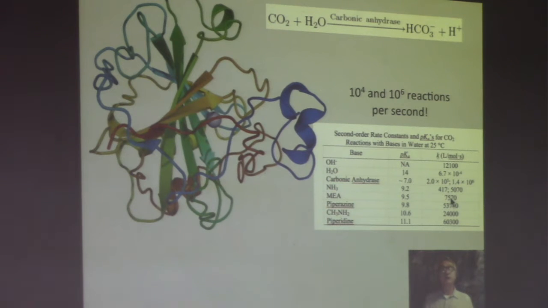This slide shows, for example, the various bases that are used and the reaction rates associated with CO2. And you see, for example, monoethanolamine has a reaction rate on the order of 7,500 in these particular units. But look at the reaction rates for carbonic anhydrase. They are 10,000 to 1,000,000 reactions per second, which means that this enzyme is indeed a very effective catalyst for shuttling CO2 from vapor to water, or vice versa.